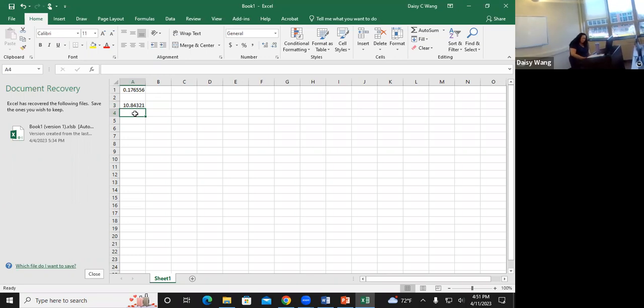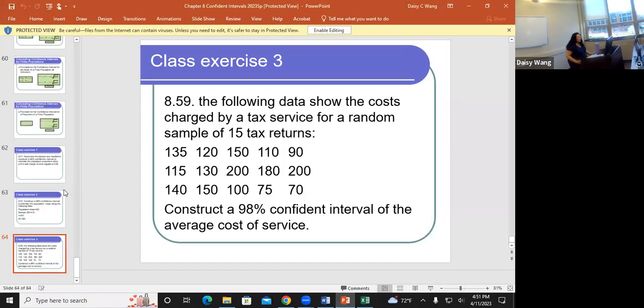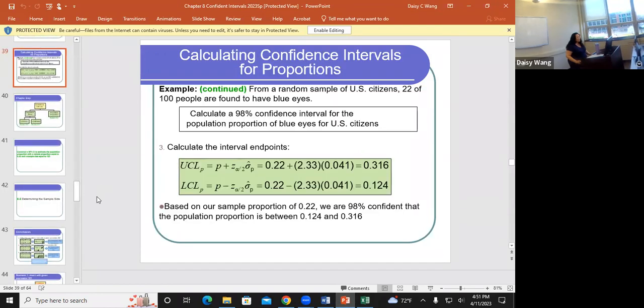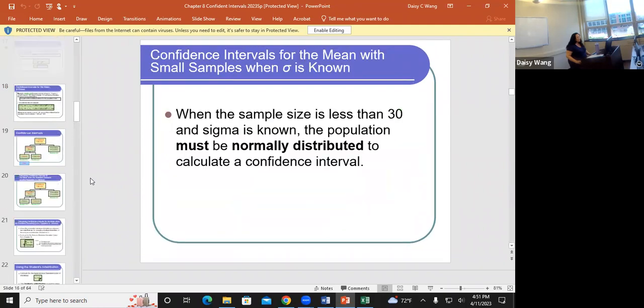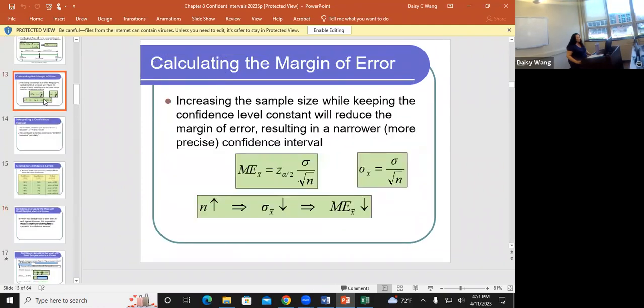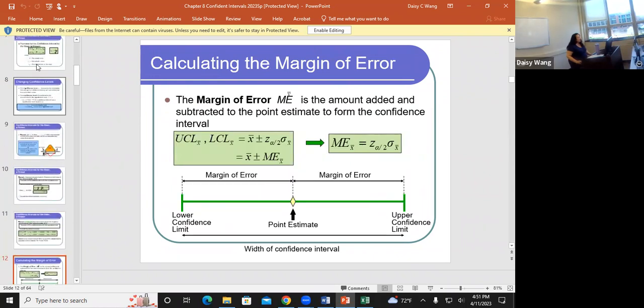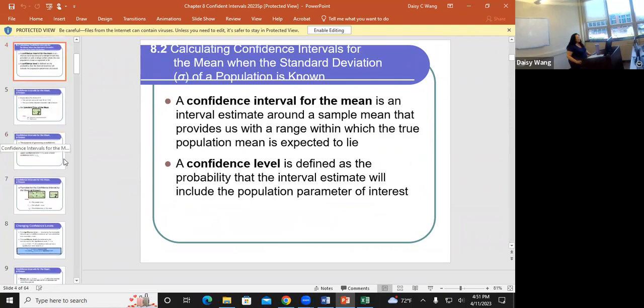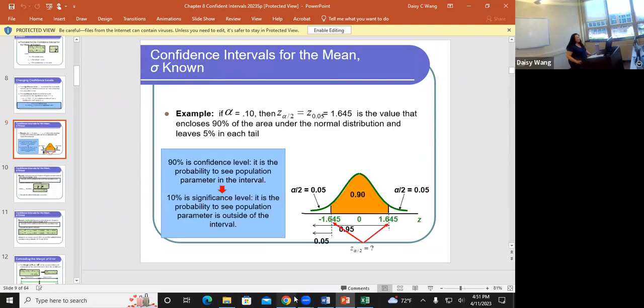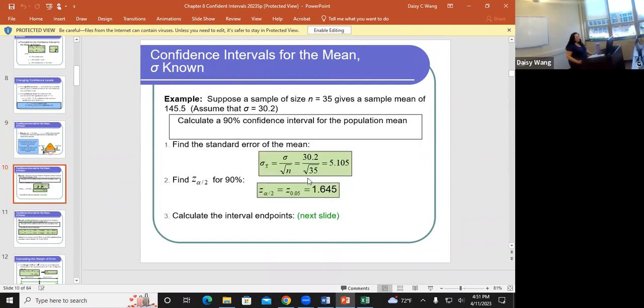Okay, this number 3 is the example here. 1.645, let's use this.